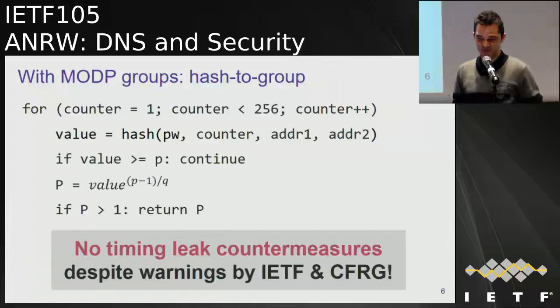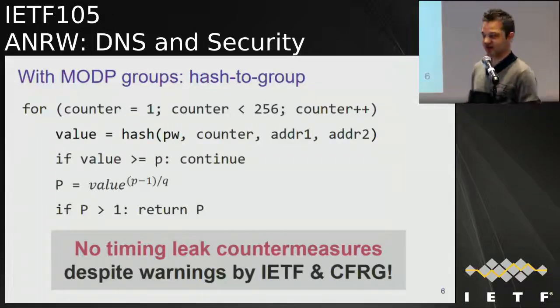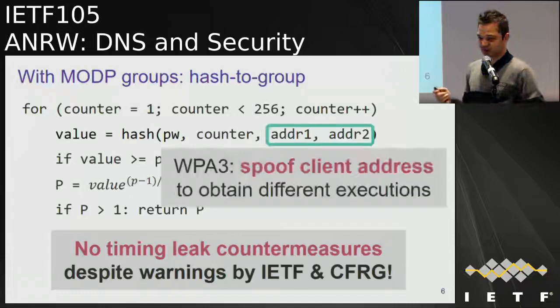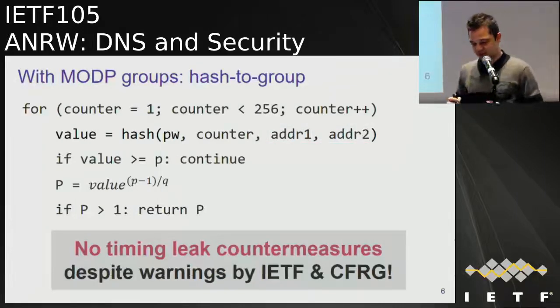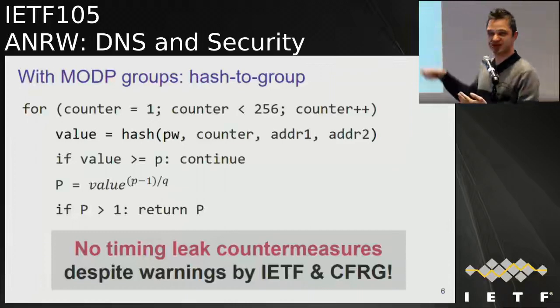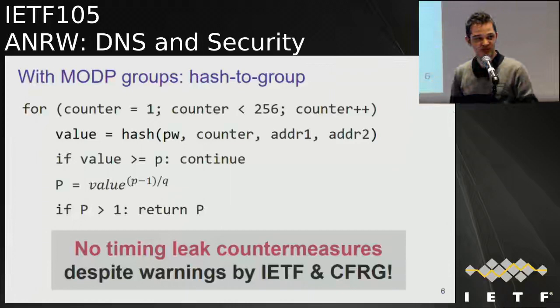And this, of course, leads to a rather easy timing attack. One thing that makes this timing attack a bit more interesting is that we can pretend to be client A. We can then measure how many iterations it took to find the password.